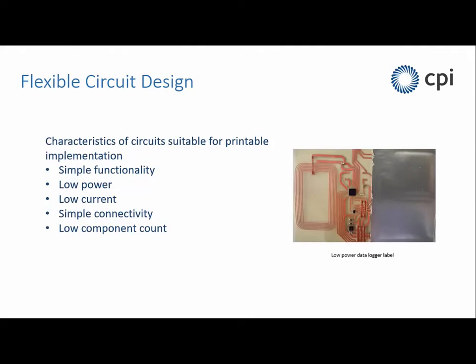Simple functionality, which actually can be quite sophisticated because you can put a lot of complex functionality into a single silicon component, of course. And if you're assembling a bare die or a packaged part onto a flex, the illustration here has an NFC processor that includes an ARM Cortex-M0 component. It's got a temperature and humidity sensor built onto it as well. So when I say simple functionality, it's not that simple.